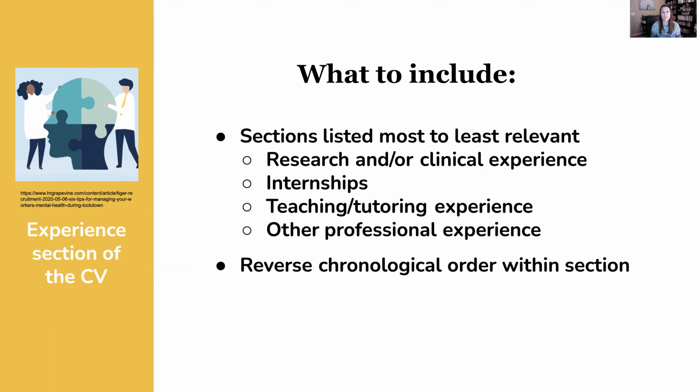Well, in an academic CV, that's a pretty strong type of experience. And so we want to prioritize that first. So that might be the first thing you put in. Other optional sections of your CV could be internships, teaching or tutoring experiences, or other professional experiences. So other professional experiences could be jobs that you've held.